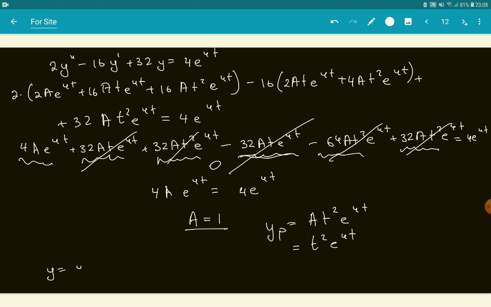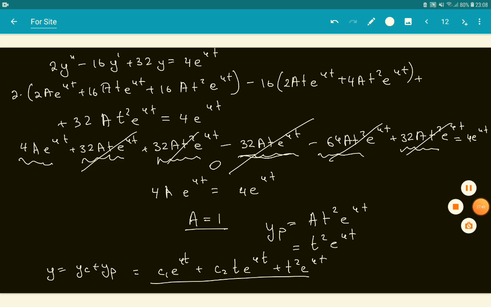The only thing left is yc plus yp, where yc was c1 e^(4t) plus c2 t e^(4t), not x, sorry, I made the same mistake again. I'm used to writing x. So the answer is c1 e^(4t) plus c2 t e^(4t) plus t squared e^(4t). That is all for question 4, and 5 is the same, so I don't want to keep this video so long. Thank you for watching and have a good day.